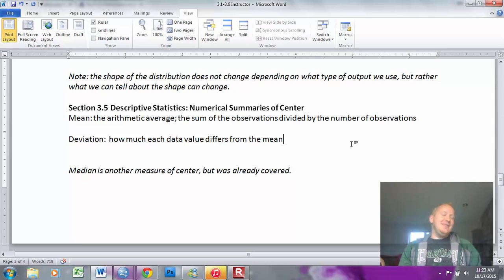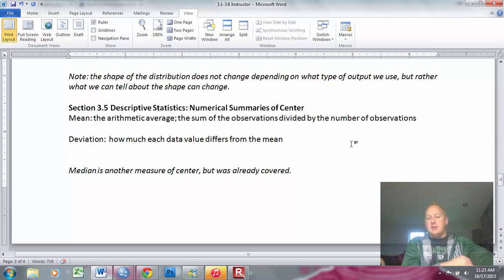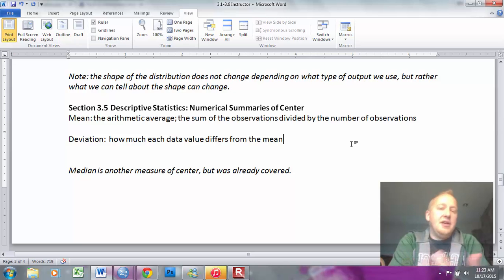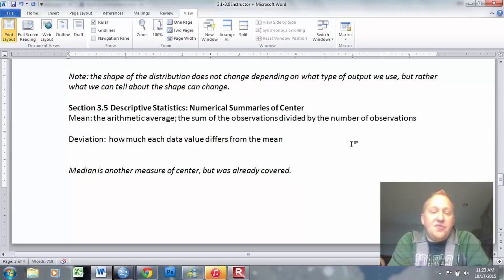The deviation, this isn't so much a measure of center, but this is going to come up in the next section, in section 3.6. But a deviation is how much each data value differs from the mean. So my height is 5'9". Let's say, for nice round numbers, the average height of everyone on Grand Valley's campus on Monday or Tuesday, whenever I see you guys, is 5'8".